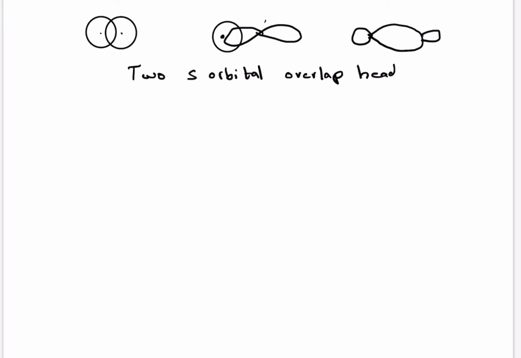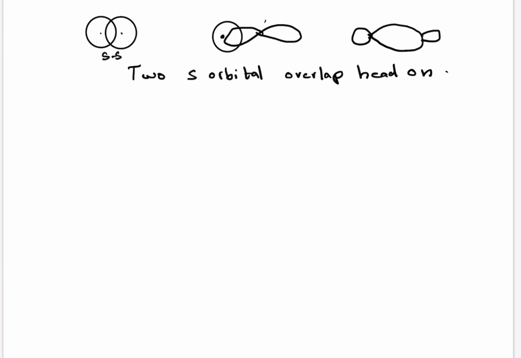And then it can also overlap in another way, that is, we can make it like this and like this. So there are different ways they overlap head on. So we can say two s orbitals overlap head on. So that's the way they can overlap, ss or sp.